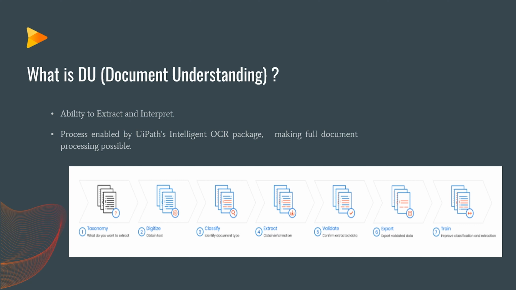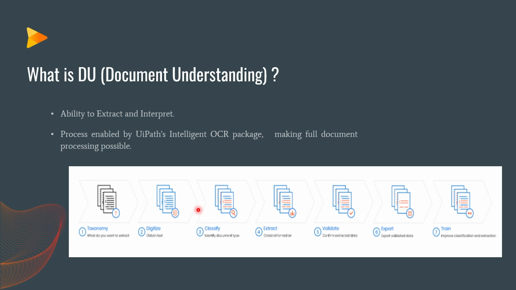And how do we do this? In UiPath Studio, we install some packages that are related to document understanding, like Intelligent OCR and other activities, like OCR activities. And then we make that full document processing possible. So taxonomy, we know what we want to extract, and then in the digitization step we completely make the document digital.